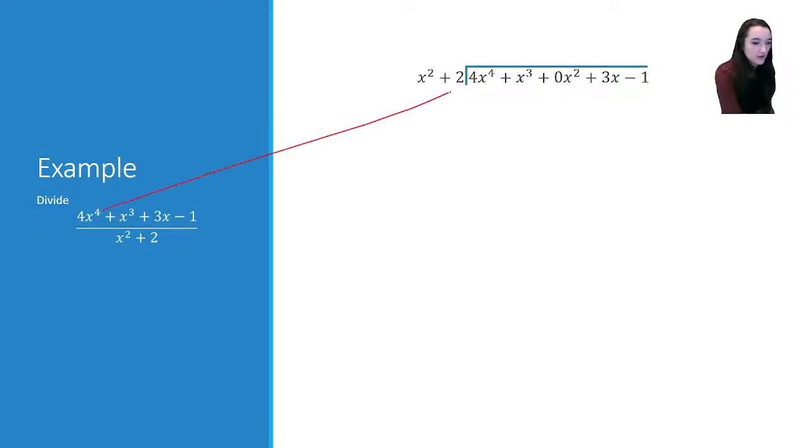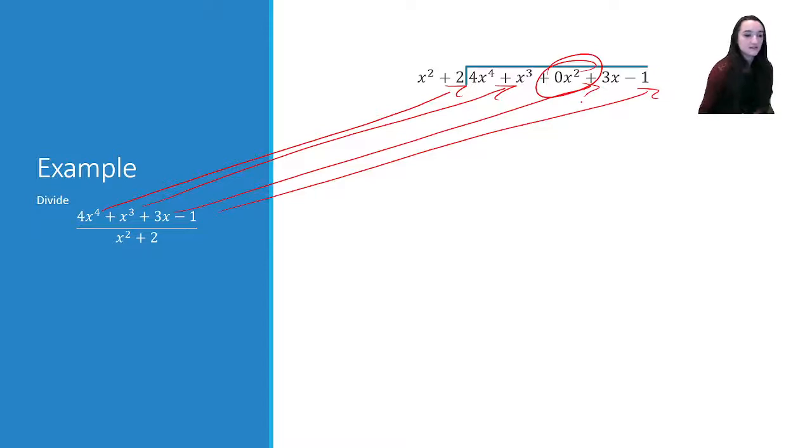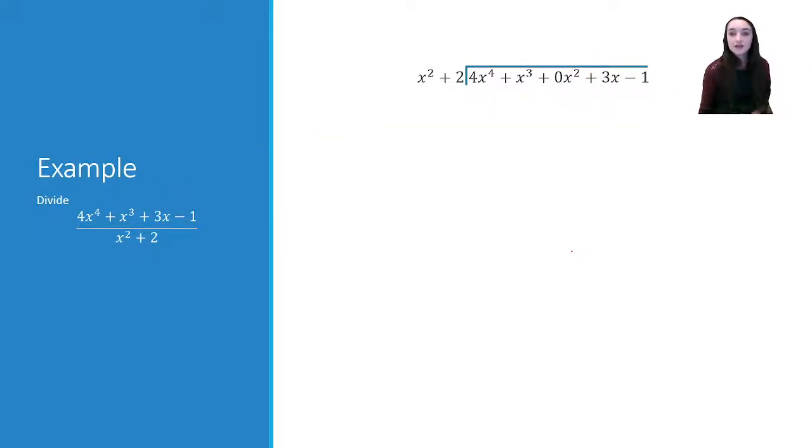So we've got our 4x to the fourth, our x cubed, our 3x, our negative 1, but what is this? This 0x squared. Well, anytime a degree term is missing from our dividend, we have to include it anyway when we write out our long division.